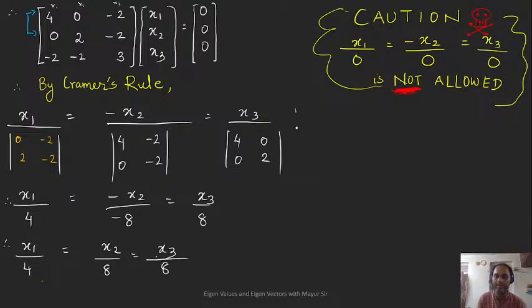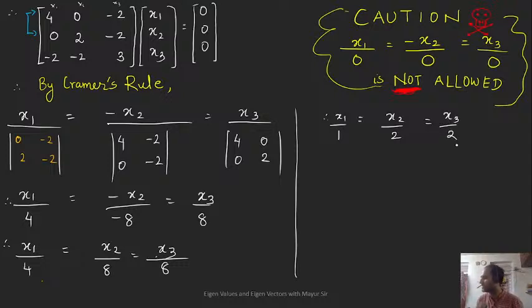So when we now go further, it is therefore x1 over 1, reduce the common factor, so x2 over 2, x3 over 2. Are you getting this? So this is the eigenvector.